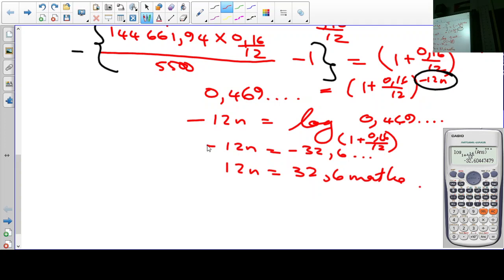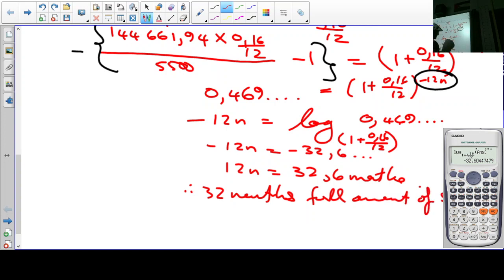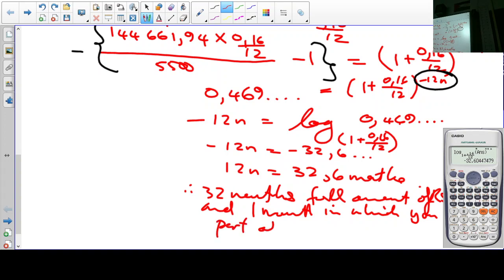So therefore you're going to have 32 months in which you pay the full amount of 5,500, and 1 month in which you pay part of it.